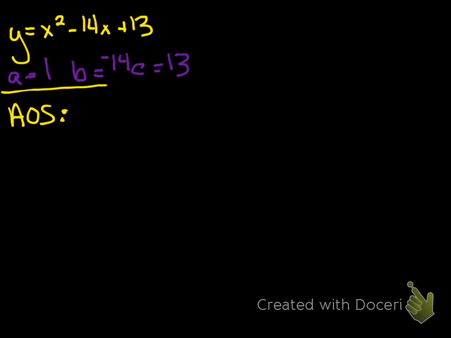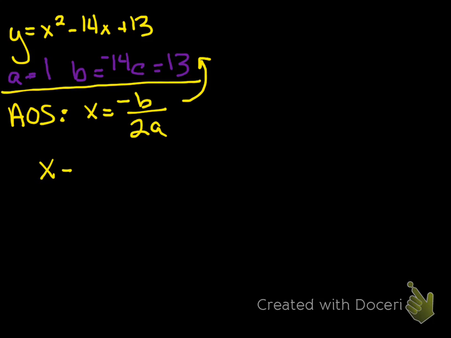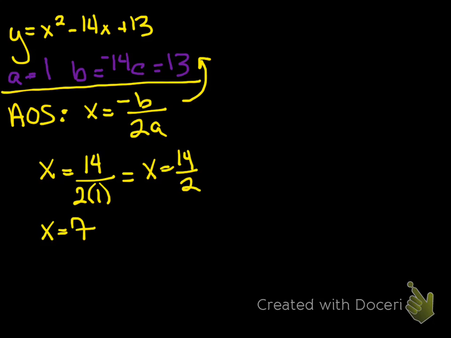Remember that formula is x equals -b divided by 2a. All right, so you're going to look up here and take those numbers and plug it in. So we have x equals the opposite of b. So b is -14, so the opposite of that is +14. And then we have 2 times a. So that's x is equal to 14 divided by 2.